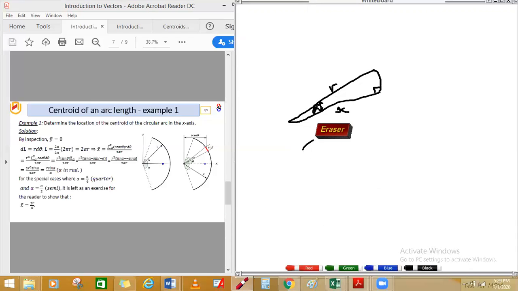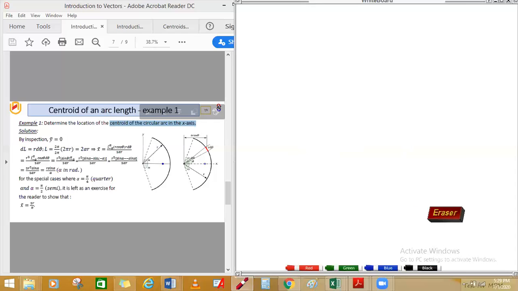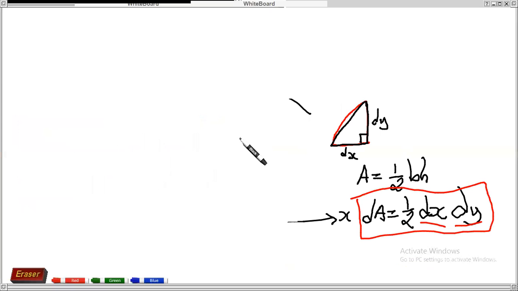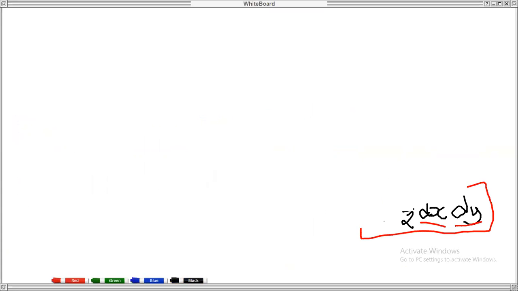Nonetheless, this whole thing, we're going to have to work like this. What they want you to do is to locate the centroid on the x-axis. If they want you to do that, then you don't have a choice but to use one of those formulas that they gave you initially.